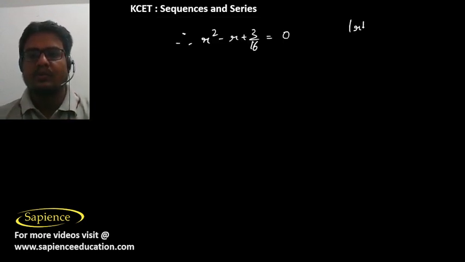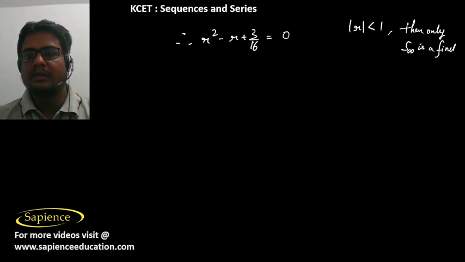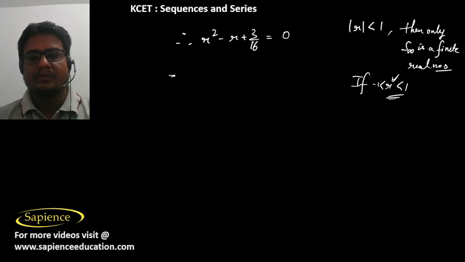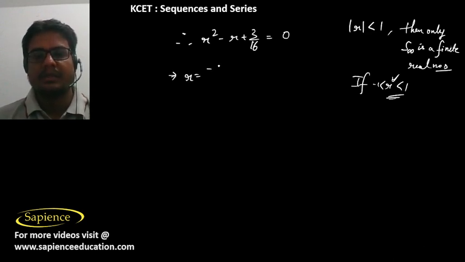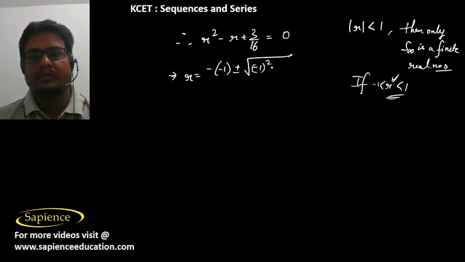Now here the rule is that mod r should be less than 1, then only the sum of infinite terms is a finite real number. So it means that if r is between minus 1 and 1, then only that value of r we have to take, and any other value of r if we get, then we should exclude that. So r will be equal to minus b plus or minus square root of b square minus 4ac divided by 2a.